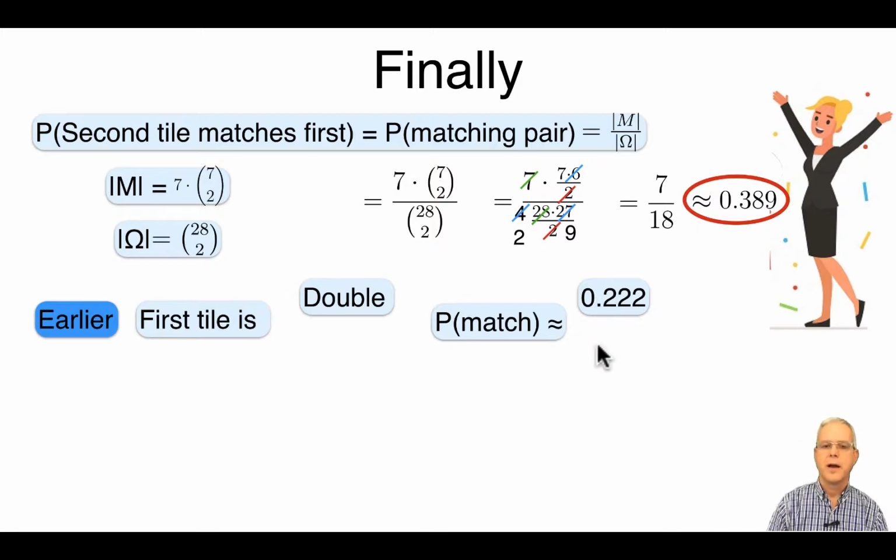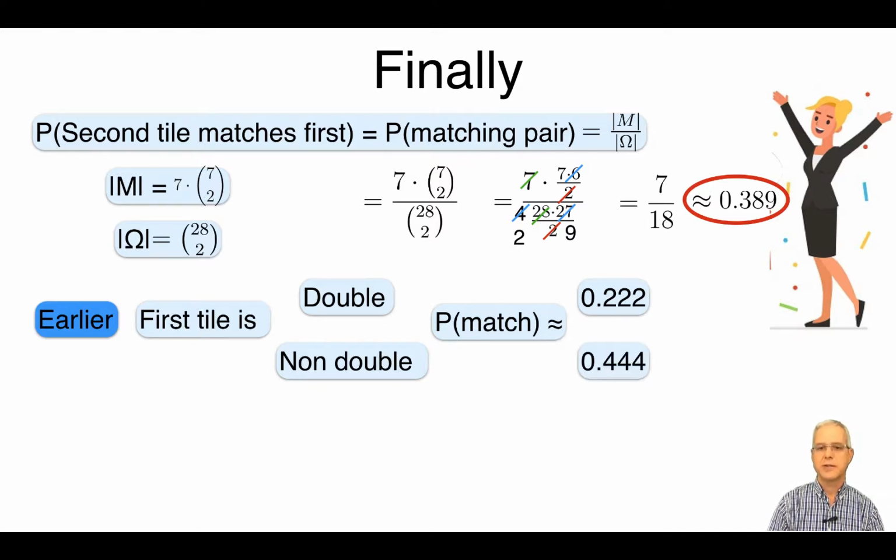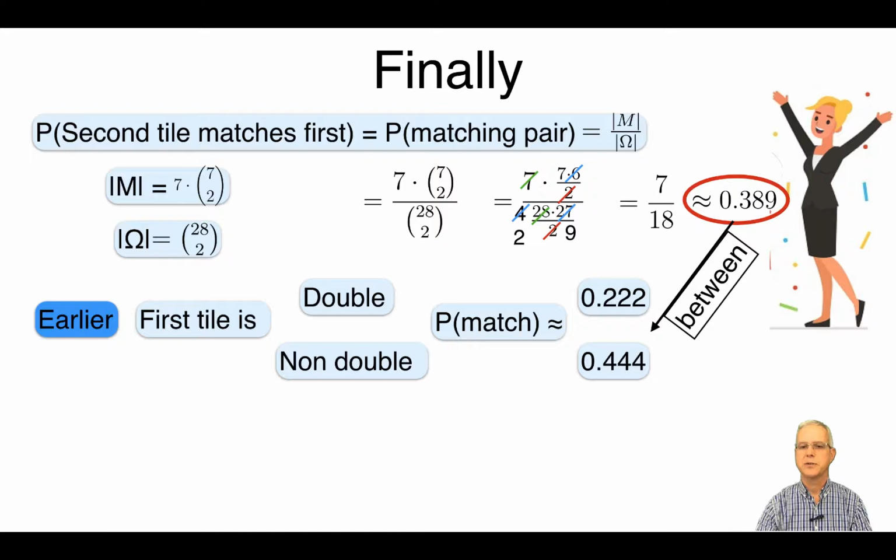If it was a non-double, then the probability of a match was twice that, namely 0.444. Now we're calculating the probability that the second is a match, and we don't know if the first one is a double or not. So it makes sense that it will be somewhere in between, like some average. And indeed, 0.389 falls between those two, so we can have a little more confidence that this is correct, and it is.